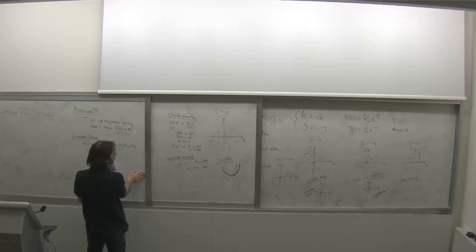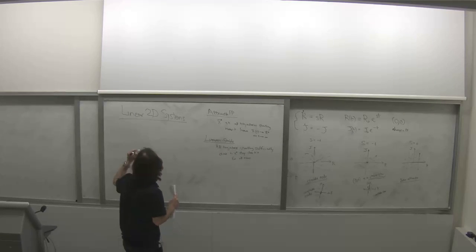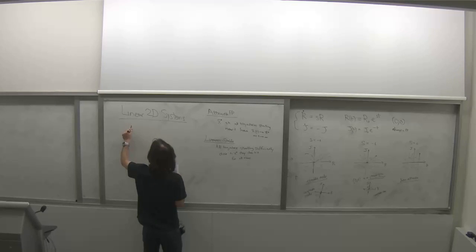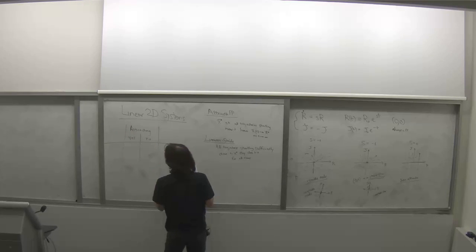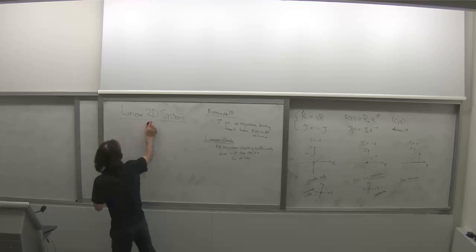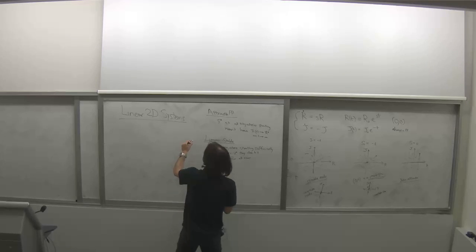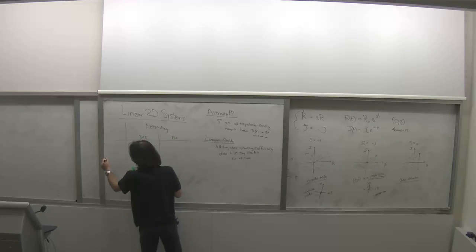And now I would like to make a table to classify different types of fixed points. A fixed point can be attracting, and it can be Lyapunov stable.